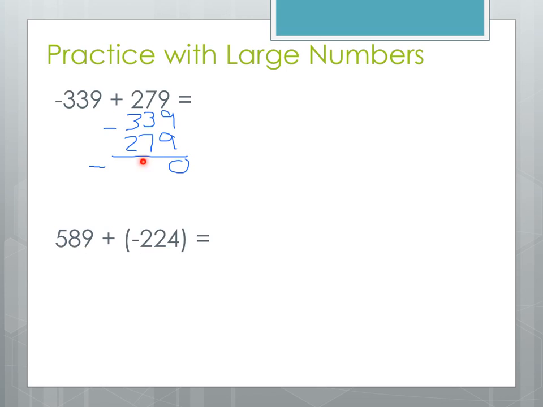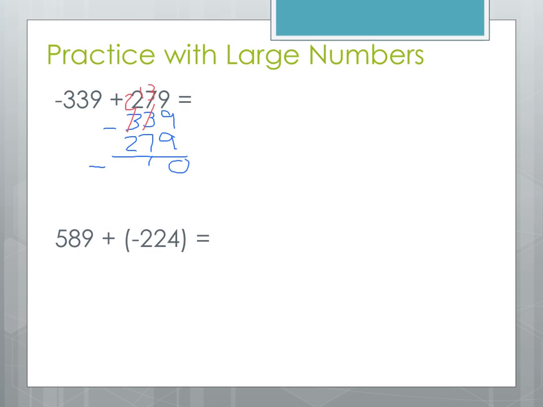Then we're going to move into the tens column. We can't do 3 minus 7 because 3 is smaller than 7, so we're going to have to borrow. We're going to borrow one from the next digit over, so we're going to borrow from the hundreds place. We take one away, so that's going to become a 2. And then this 3 now becomes 13. So this is great, because now we can do 13 minus 7.